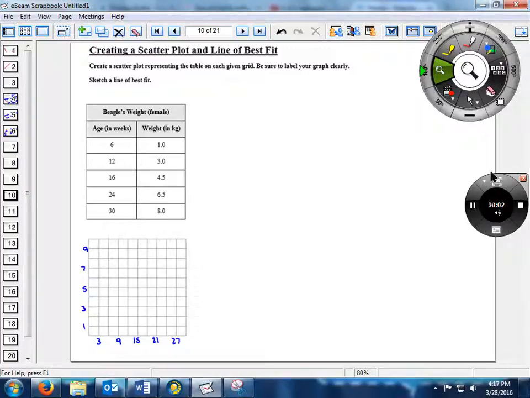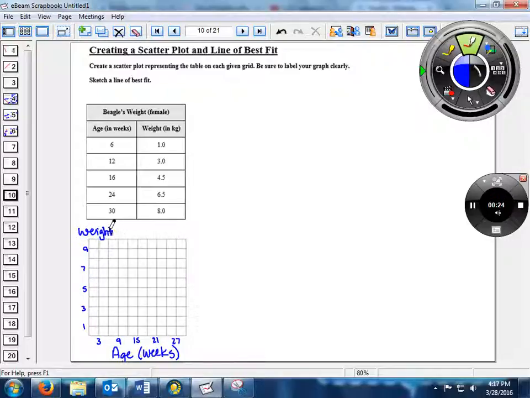Okay, in this next piece, we're going to start combining creating the scatter plot with the line of best fit, as well as writing the equation. So your graph has already been numbered, just like mine has. One thing you also need to make sure that you do is label your axis. So this is age in weeks, and this one here is weight in kilograms.